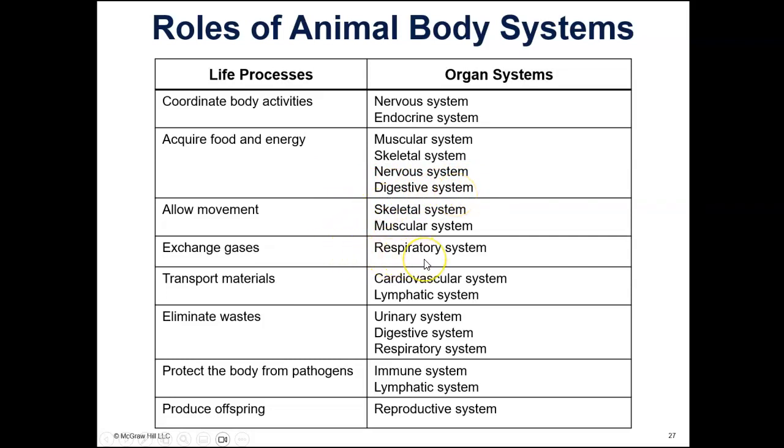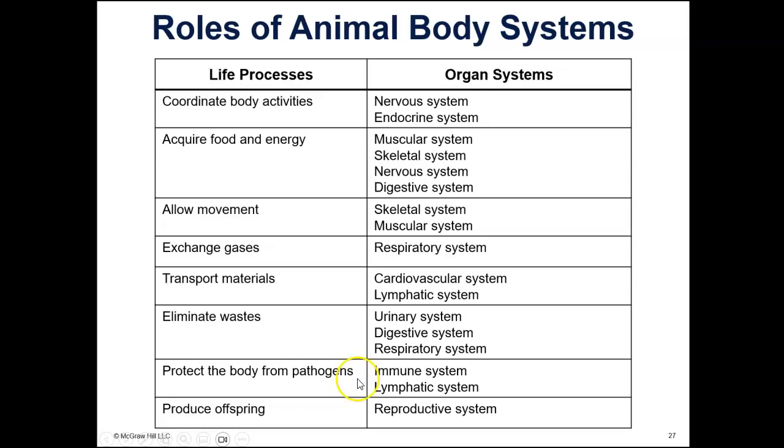Then we have the respiratory system for gas exchange, the cardiovascular system for transport, and the lymphatic system, which overlaps with the immune system. Then we have the urinary system for eliminating waste, along with the digestive and respiratory. The respiratory eliminates carbon dioxide, which is a waste gas, and digestive, of course, eliminates undigestible material called feces.